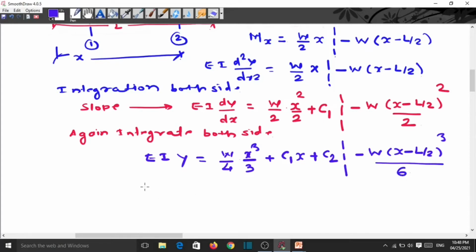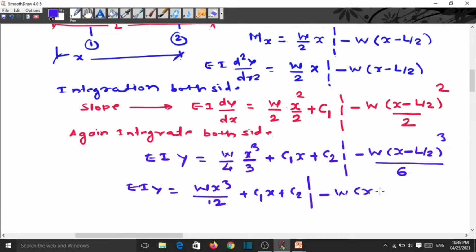So we write this equation: EI y is equal to W x cube divided by 12 plus C1 x plus C2, minus W x minus L by 2 bracket cube divided by 6.